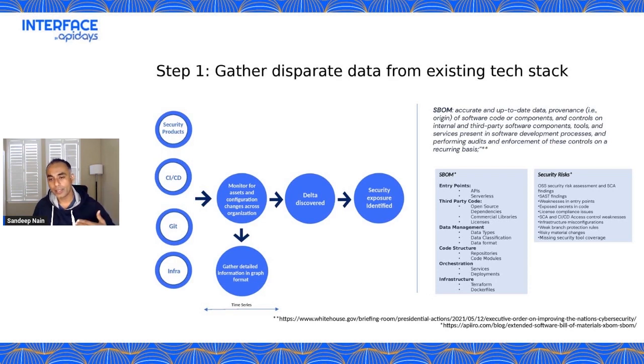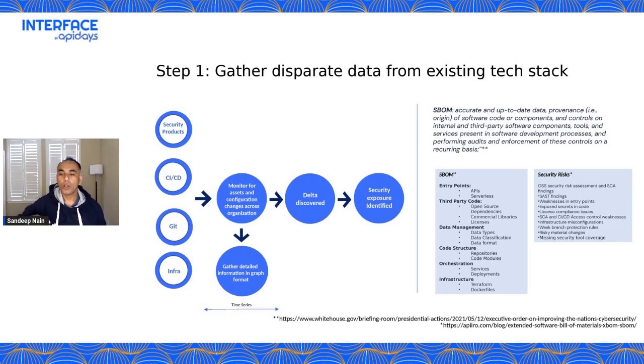So basically what it entails is all the entry points to the software, like APIs and serverless and so on, the third-party code, the open source, your dependencies, your commercial libraries and so on, the licenses, the data management, the code structures, the orchestration layer, Kubernetes, the configuration of that, like how the software is being deployed, and the infrastructure, the Terraform files and Docker files and so on. Not only what the software entails, but also any kind of security risk in those software components too.